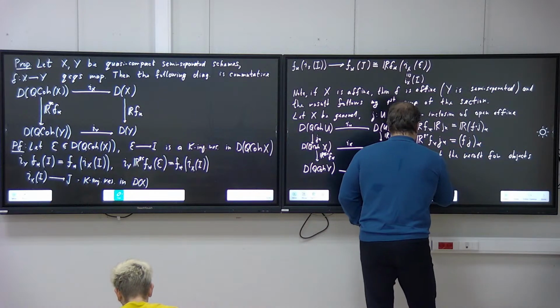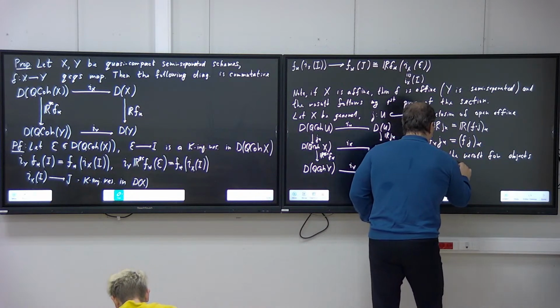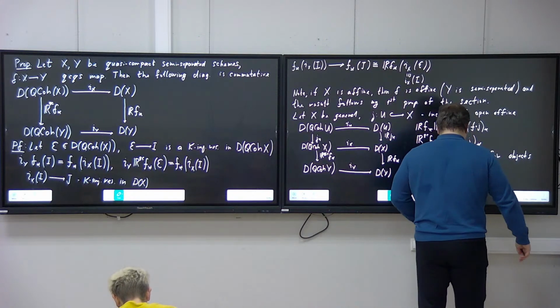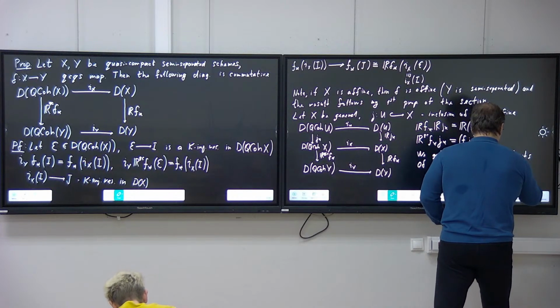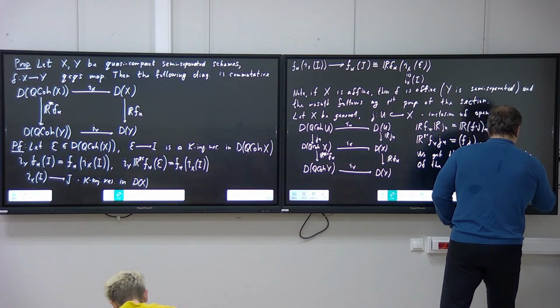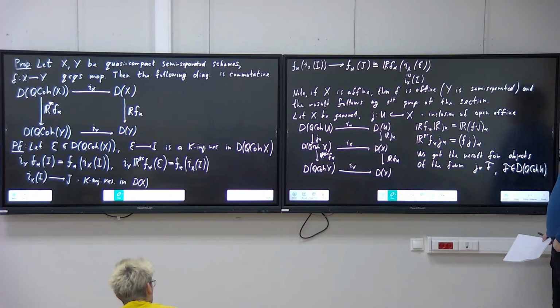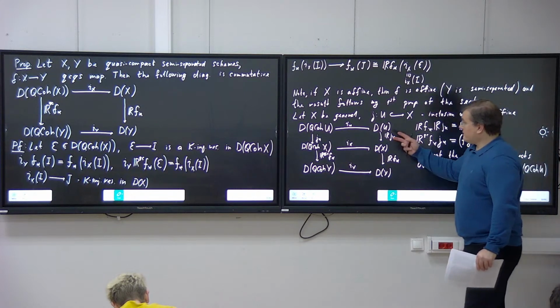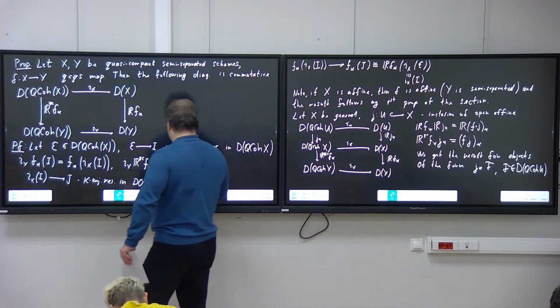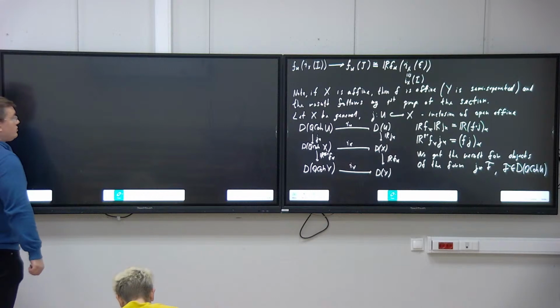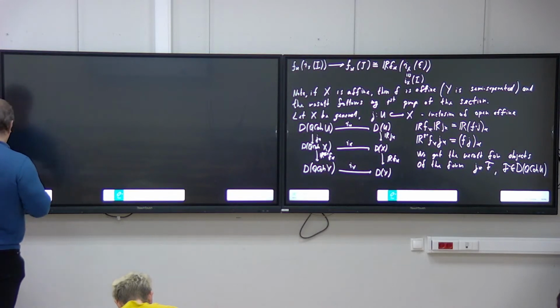Objects of the form J lower star applied to some object F, where F is an object in the derived category of QCoh of U. We have objects of this special form. We just look at this diagram and see that from the composition of the diagram the result follows. Now the last step is to reduce the general situation to this special case.